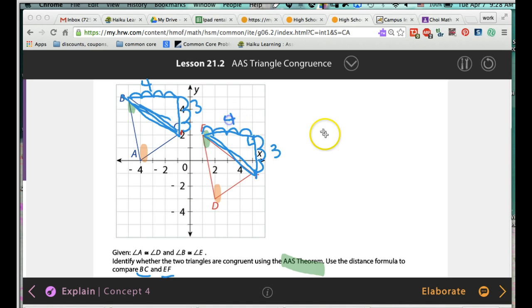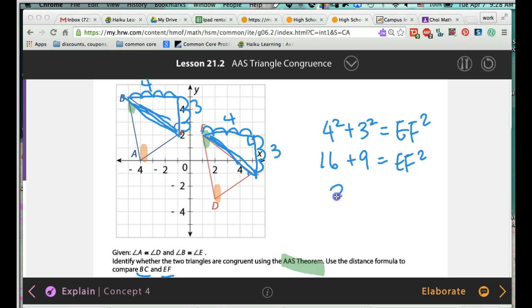We're going to use 4 squared plus 3 squared, and that equals this length right here, EF squared. So 4 squared is 16, 3 squared is 9, and when you add them, 25 is EF squared.